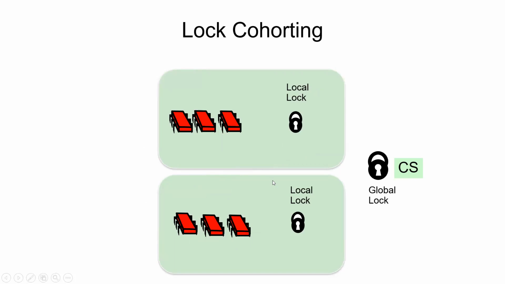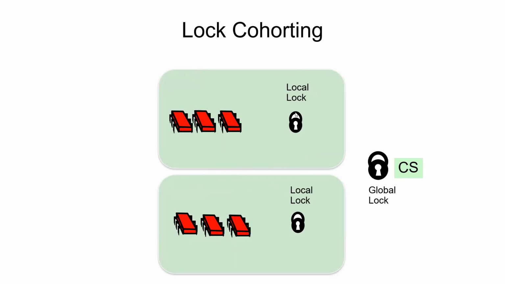Next, one more concept is lock cohorting. Lock cohorting can be implemented using spin locks as well as queue locks. It is a combination of at most 2 locks.